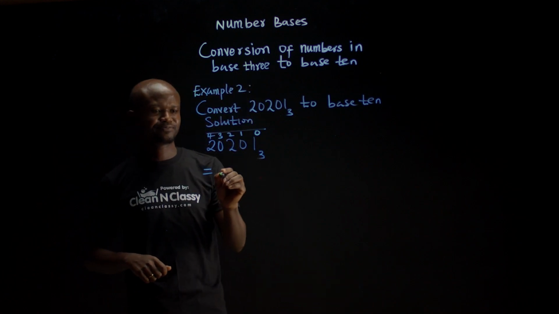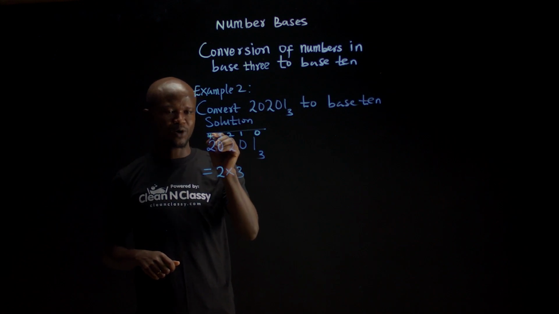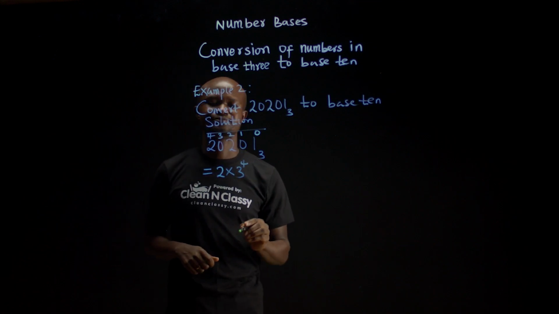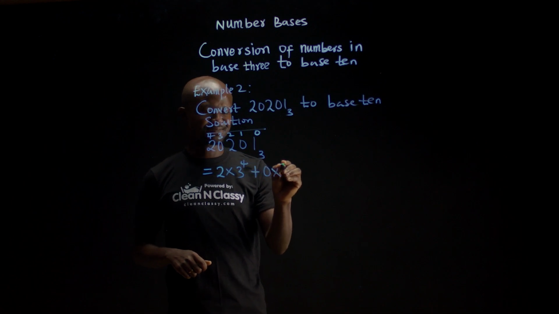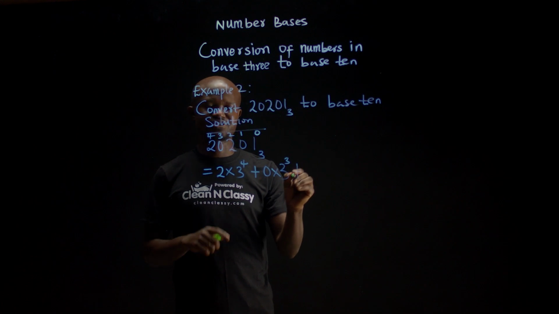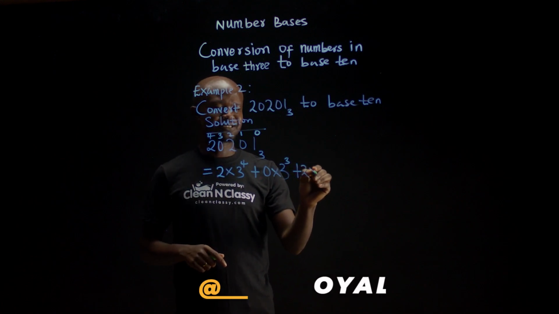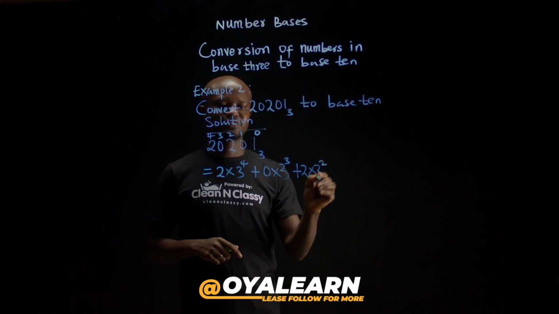That's the next step. 2 times 3 raised to the power of what? 4. Then plus 0 times 3 raised to the power of what? 3. Plus 2 times 3 raised to the power of what? 2.